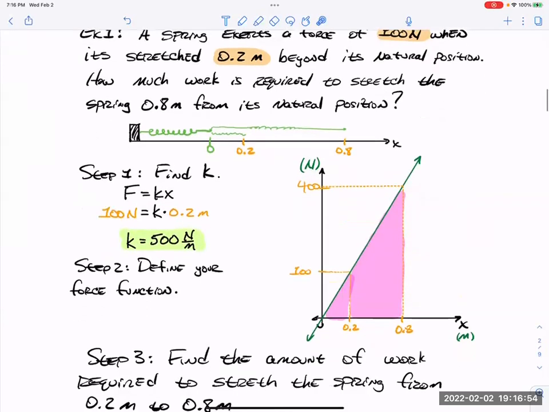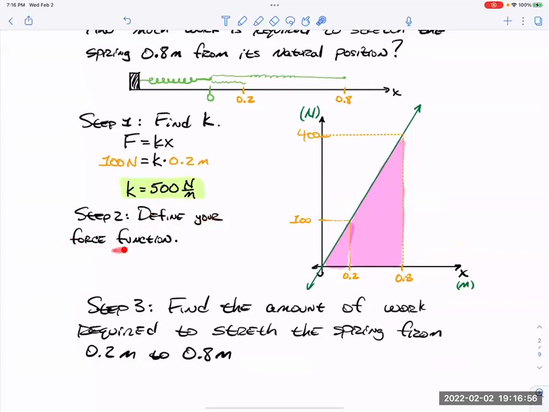Now what we're doing in our next step is we're going to define what's our force function. Well, we just plug in K. So our force function here is F of X is equal to 500x, right? That's your force function there, okay?